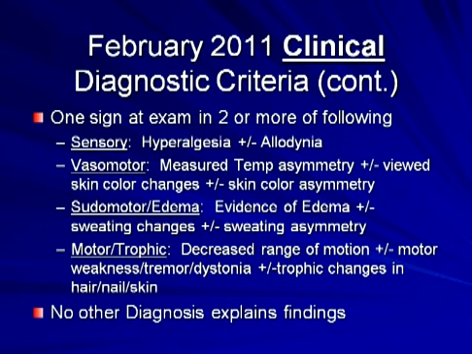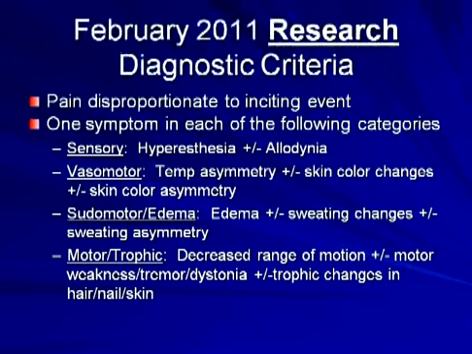And the difference is really, if you look at it, that in the clinical criteria, one symptom in 3 or 4 of the following categories must be present: sensory, vasomotor, pseudomotor edema, motor trophic. You have to have 3 out of 4 of these findings for clinical diagnosis, and in research you have to have all of them.